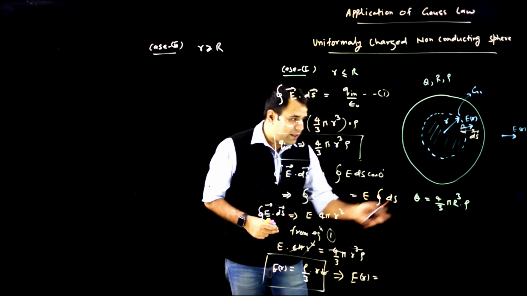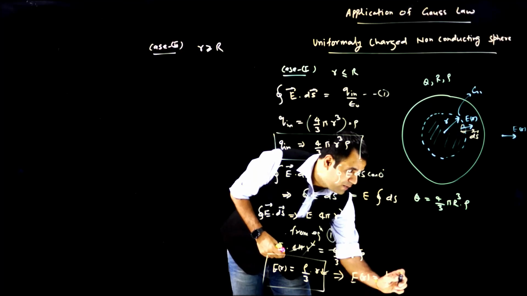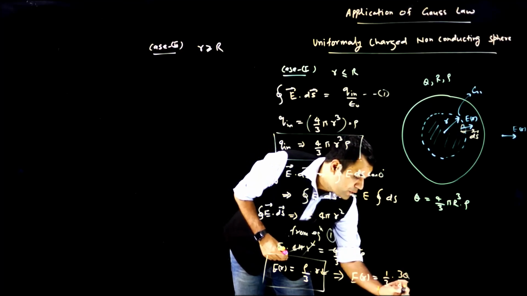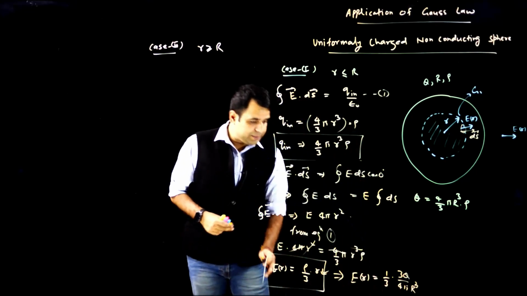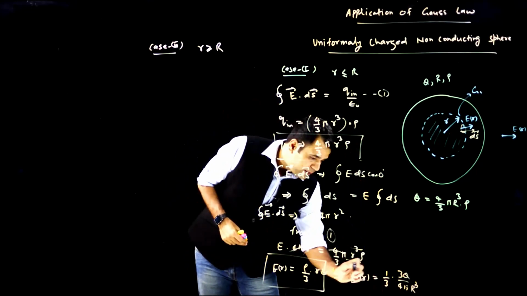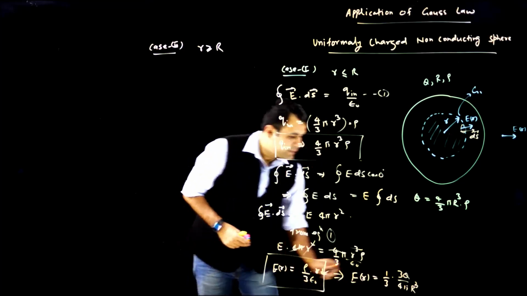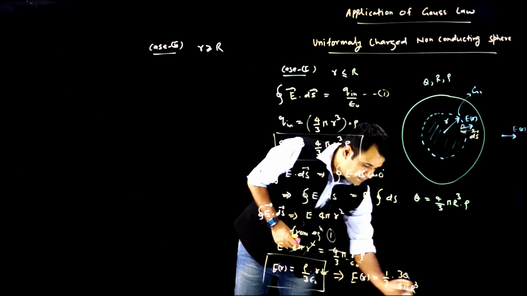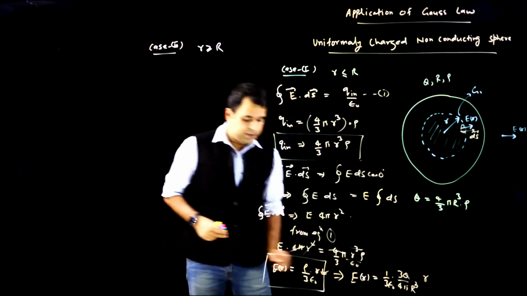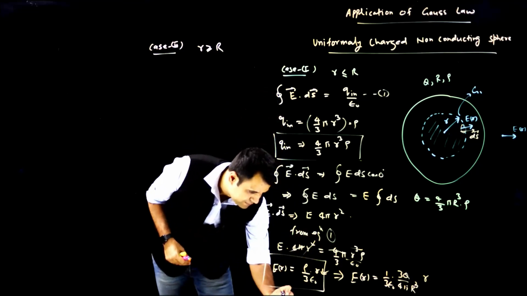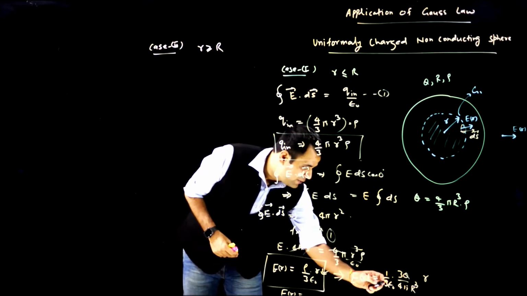So if I do that, it will be 1 by 3 multiplied with 3Q upon 4 pi capital R cube. There is this epsilon. Somewhere there will be epsilon also. Yes, this epsilon, I forgot about the epsilon. 3 epsilon times of r, which will make E_r equal to, so 3 and 3 will cancel out.